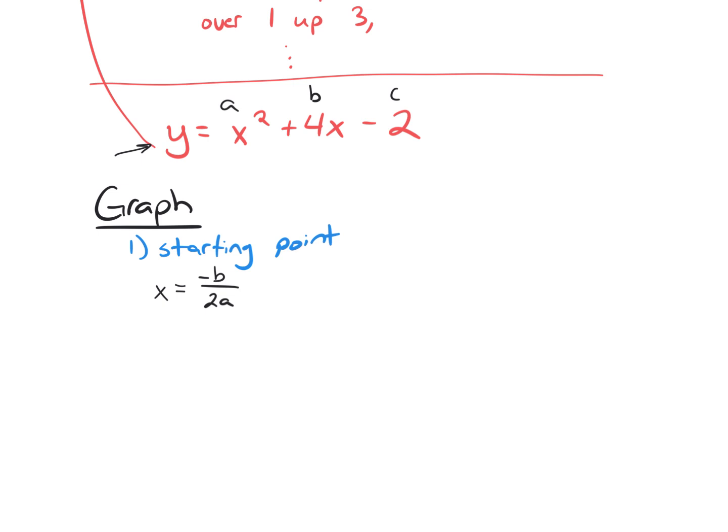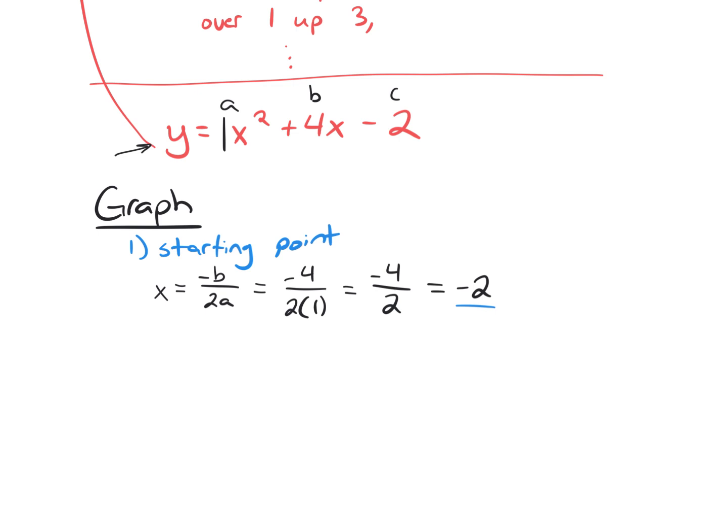What's my negative b? Negative 4. Over 2, what's a? What's technically in front of the x? 1. Yep. So we have negative 4 over 2 times 1. Negative 4 divided by 2? Negative 2.